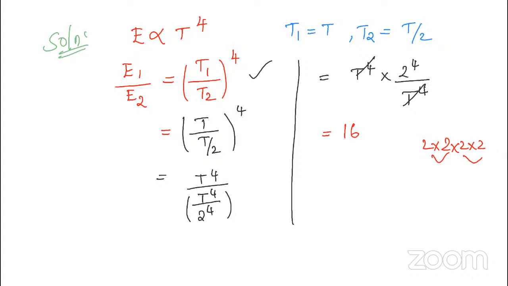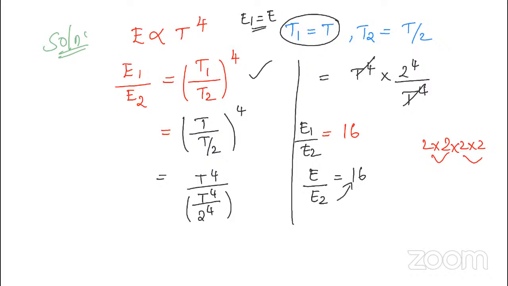So here it is E1 by E2 equal to 16. For E1 we can take E, so E1 we can write as E. Just cross multiplying this value, finally we get the value of E2 equal to E by 16.